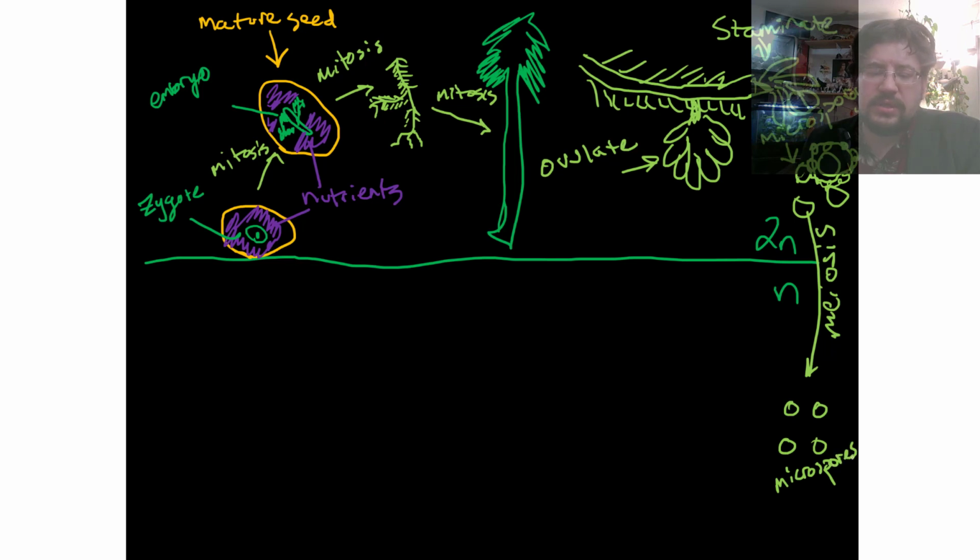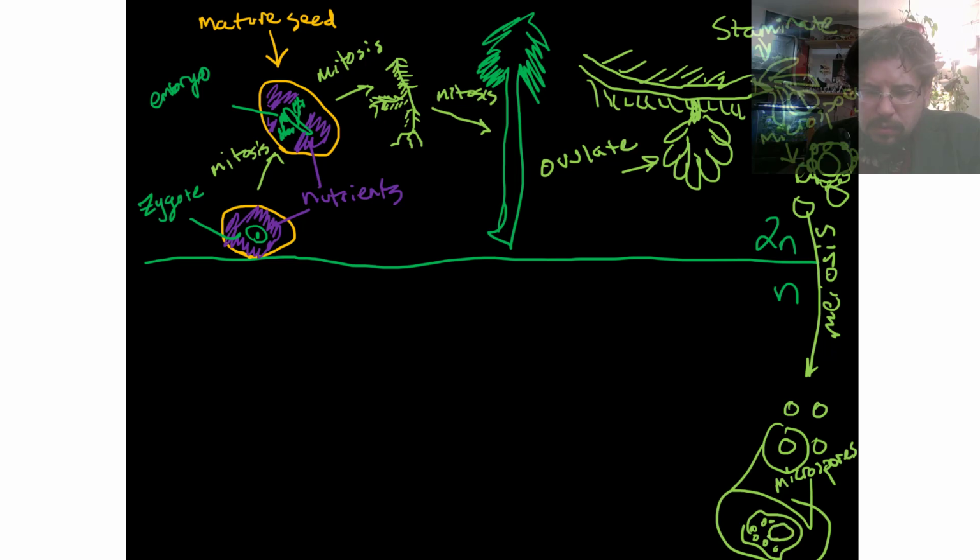Oh yeah, we're doing this over and over again. Inside the microspore, and there's our spore wall, we get our microgametophyte, which produces our sperm nucleus.